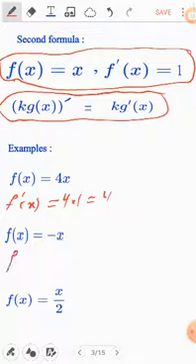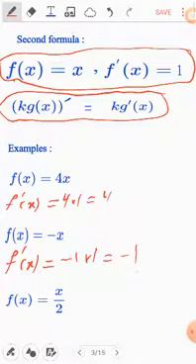Similarly, the derivative of minus x is minus 1 times 1. The function minus x is of the form kg, where k is minus 1 and g is x. So its derivative is k times g prime. So it is minus 1 times 1.